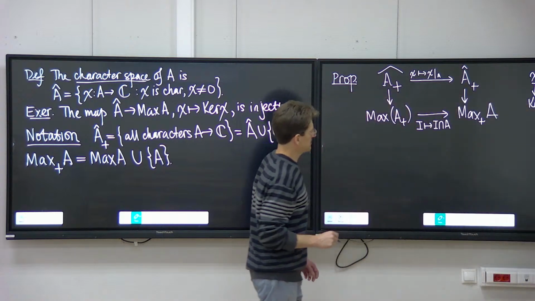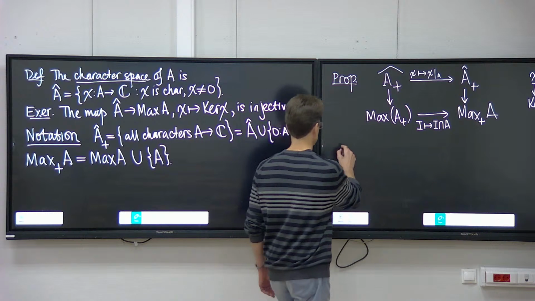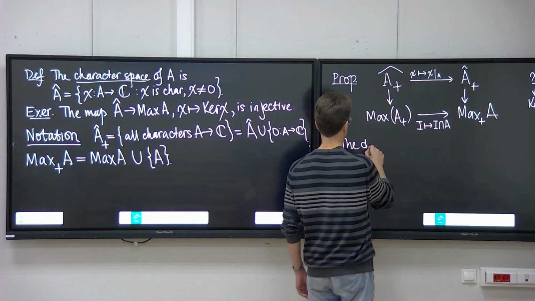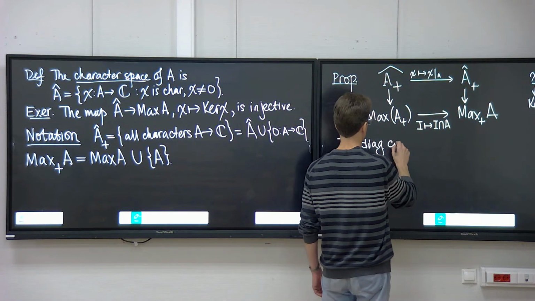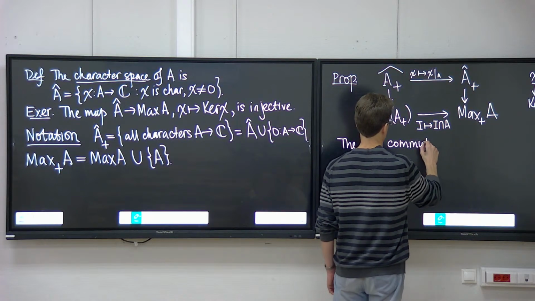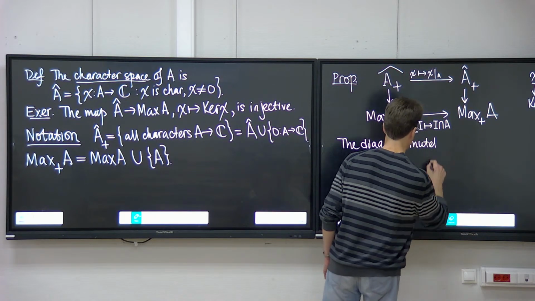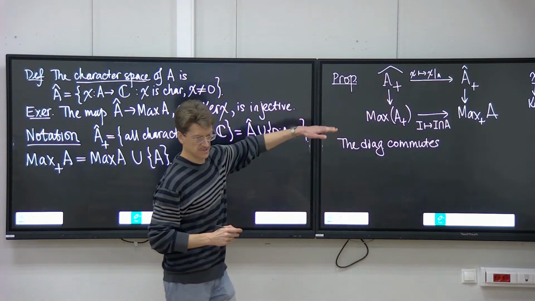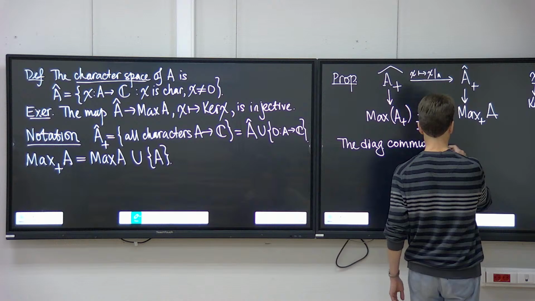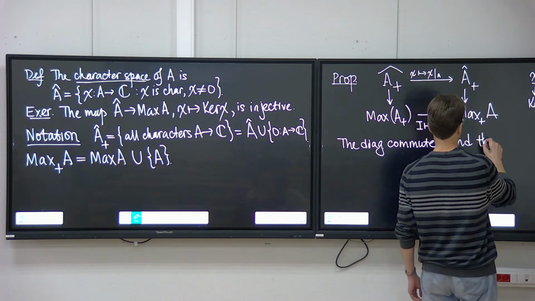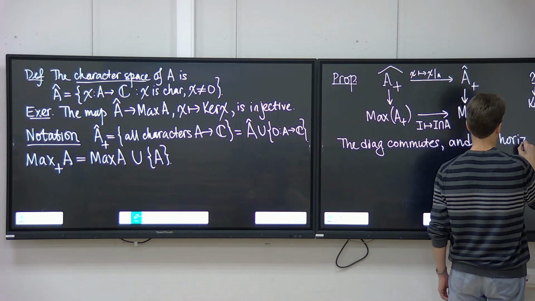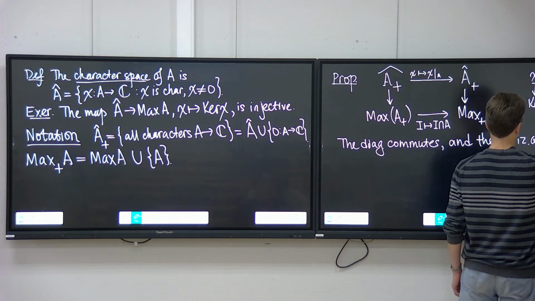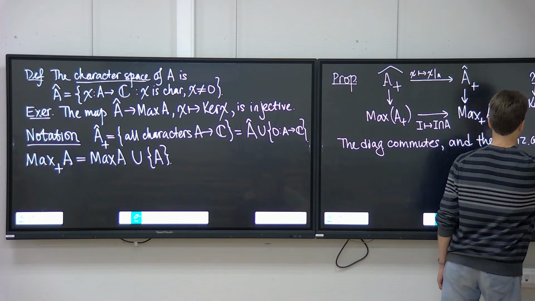So the proposition states that the diagram commutes, and moreover the horizontal arrows are bijections.